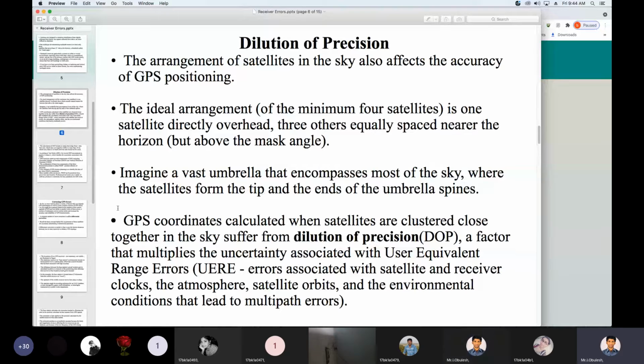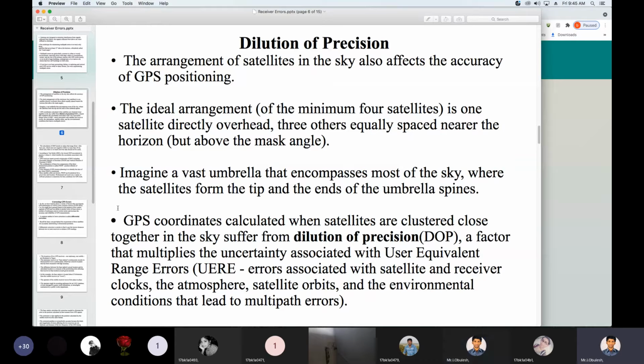Dilution of precision is a factor that multiplies the uncertainty associated with user equivalent range errors, or receiver equivalent range errors.